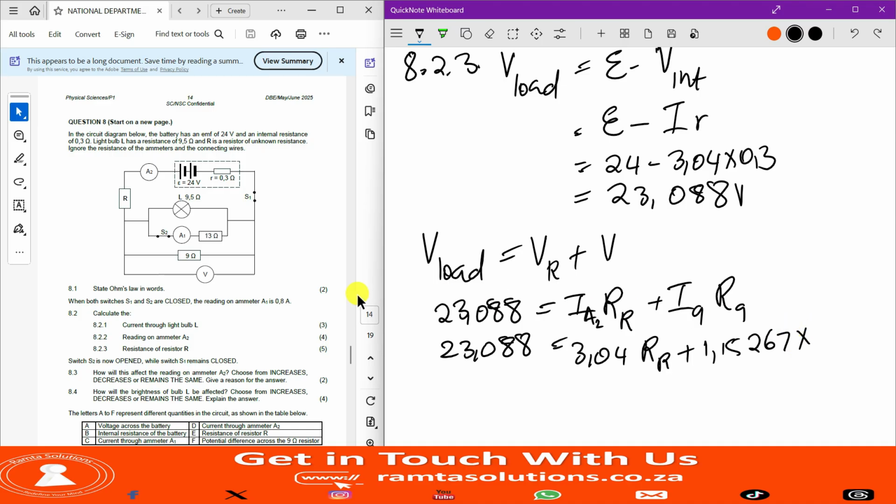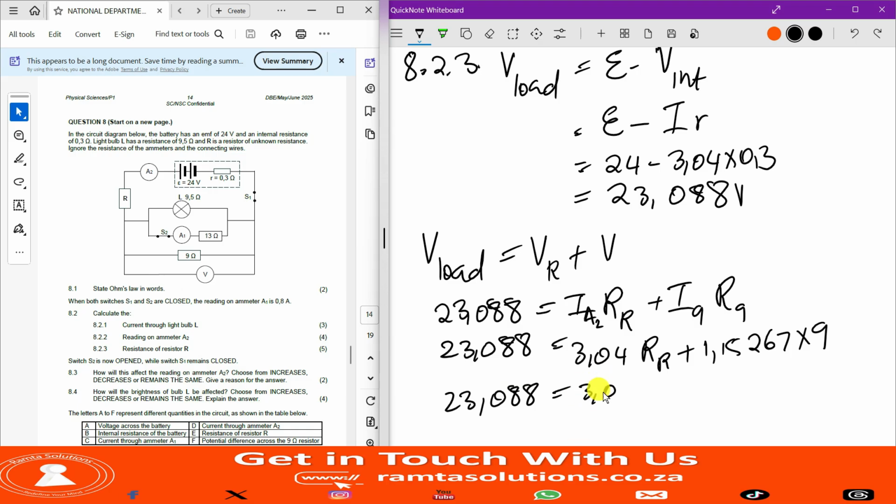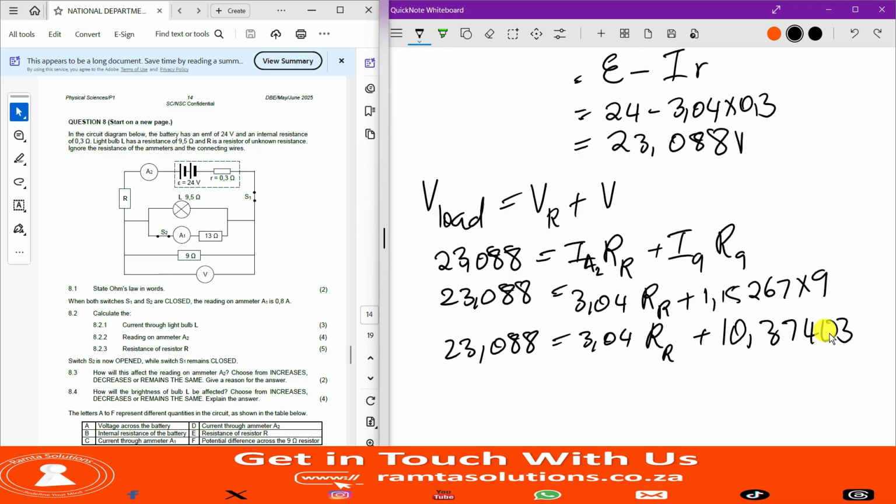And the resistance that was flowing here was 9 ohms, right? So let's proceed in that manner. 23,088 equals 3,04 times resistor R plus 1,15267 multiplied by 9, which is 10,37403.